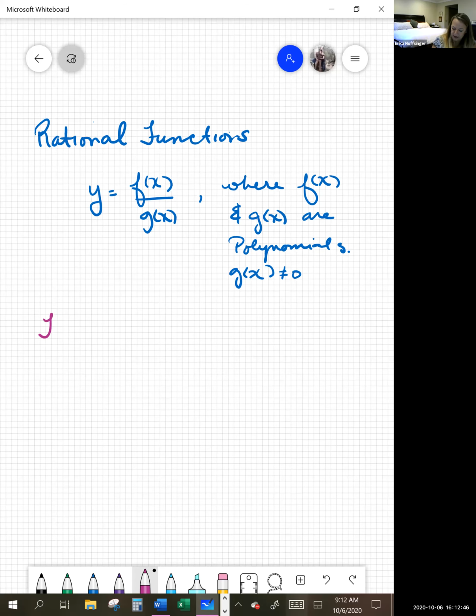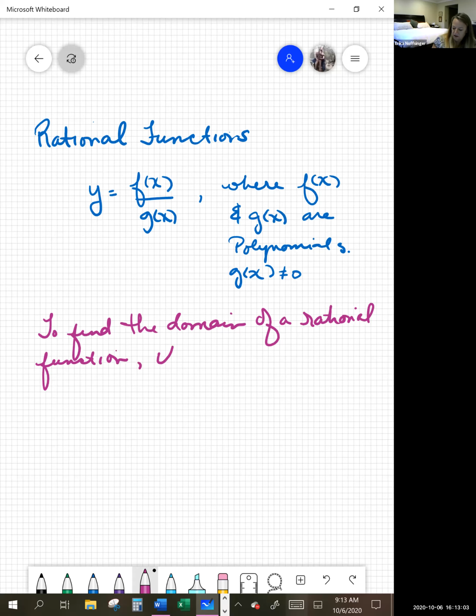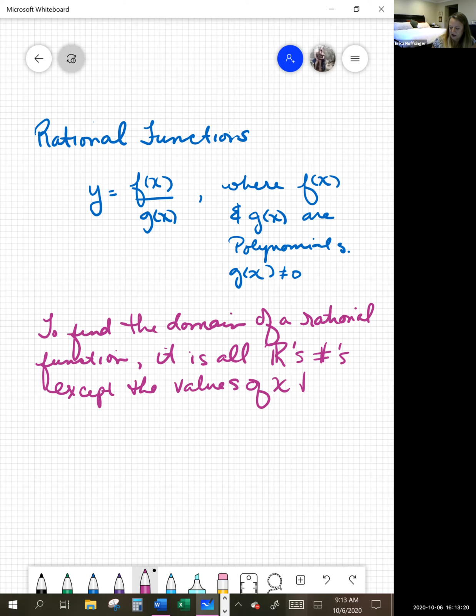So to find the domain of a rational function, it is all real numbers except the values of x that set the denominator equal to 0.